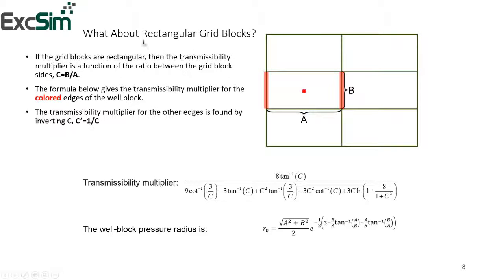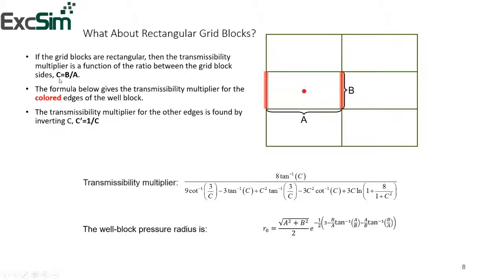So what about rectangular grid blocks? Here I'm illustrating where one length is A and the other is B, and I'm going to show the transmissibility multiplier for the B side.